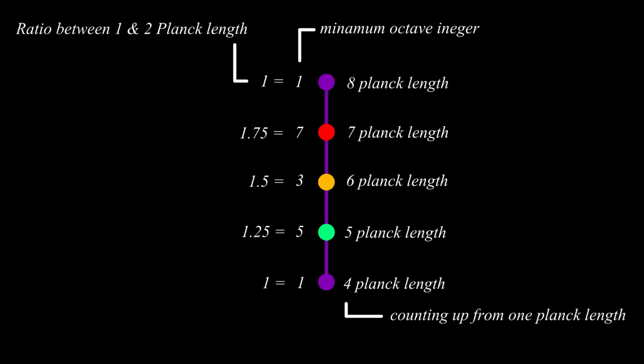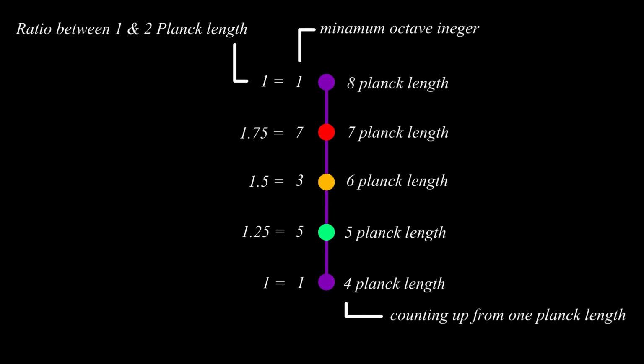So, moving to the next slide, the more in detail view again of the Planck length, focusing on the 3 firstly derived colors. 1 to 1, 1.25 being 5 Planck lengths, 1.5 being 3 Planck lengths, 1.75 being 7 Planck lengths, and then back to 1.